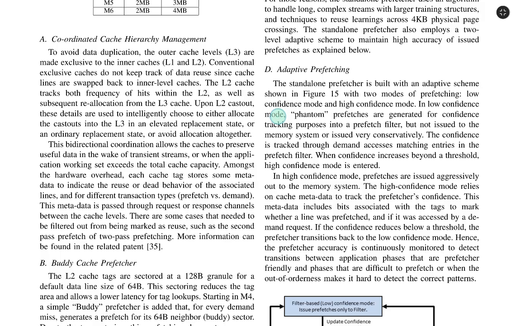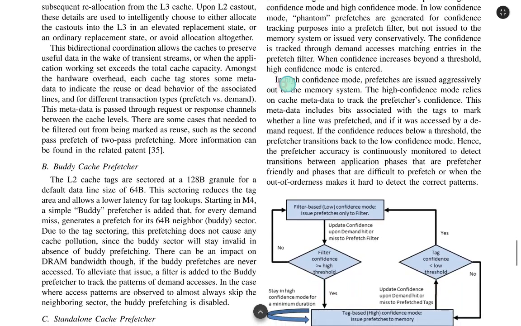In low confidence mode, phantom prefetches are generated for confidence tracking purposes into a prefetch filter, but not issued to the memory system or issued very conservatively. The confidence is tracked through demand accesses matching entries in the prefetch filter. When the confidence increases beyond a threshold, high confidence mode is entered. In high confidence mode, prefetches are issued aggressively out to the memory system.